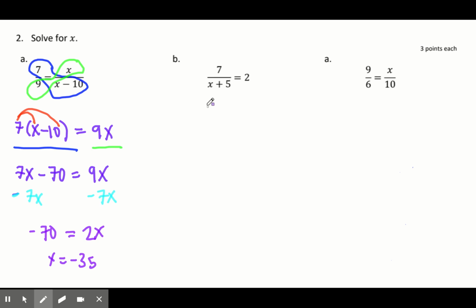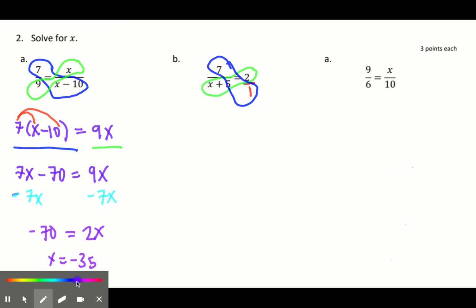For this one, you can set it up like a cross multiply by writing 2 as 2 over 1, and then do the same thing. You cross the top and bottom here, and the top and bottom here.